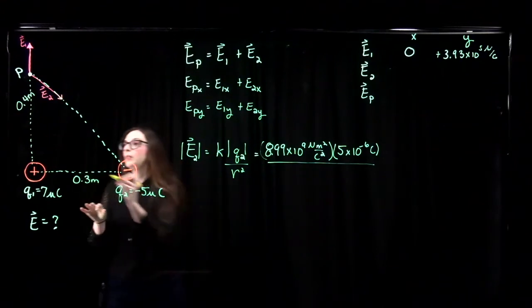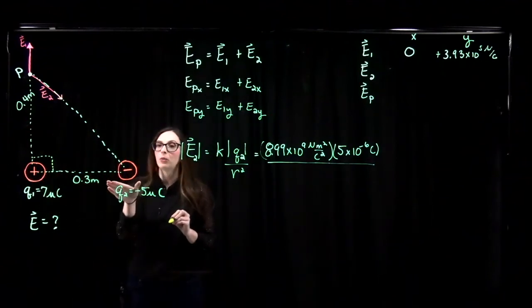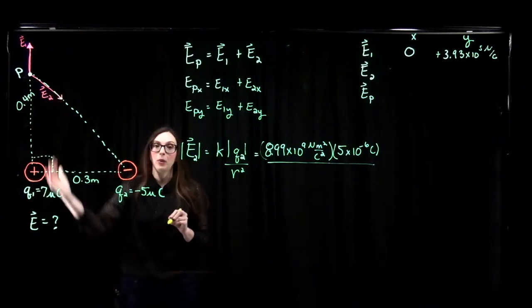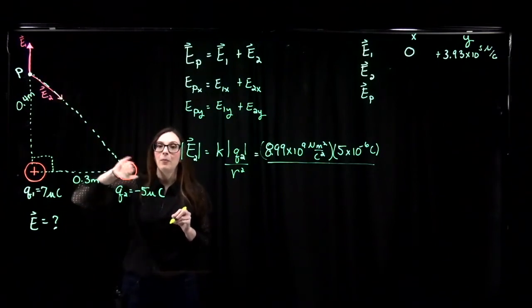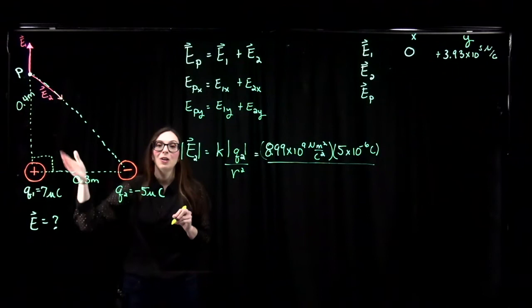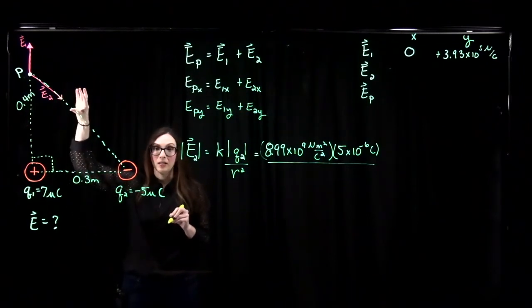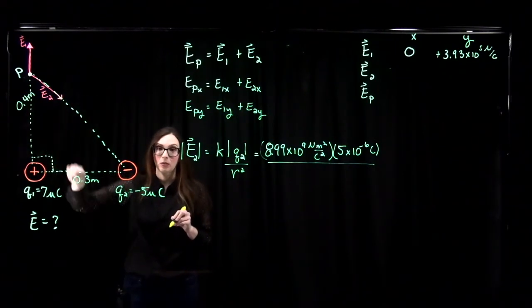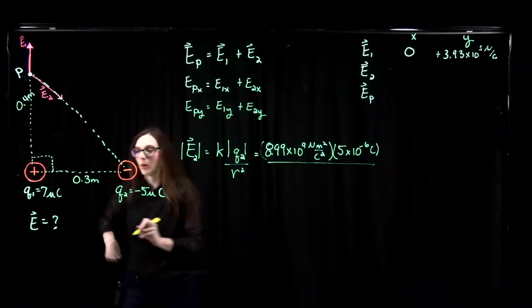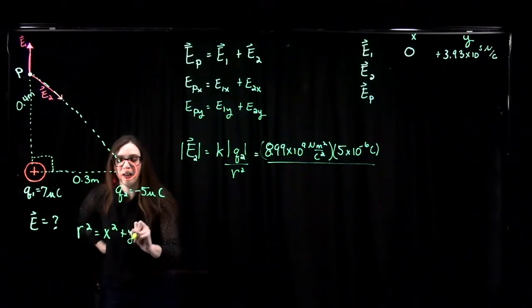Here we have a right angle triangle. We've got a leg of 0.3 meters, another leg of 0.4 meters. To get this distance here, this is essentially the hypotenuse of our right angle triangle. We'll just use the Pythagorean theorem. So this distance, R squared, is equal to x squared plus y squared.